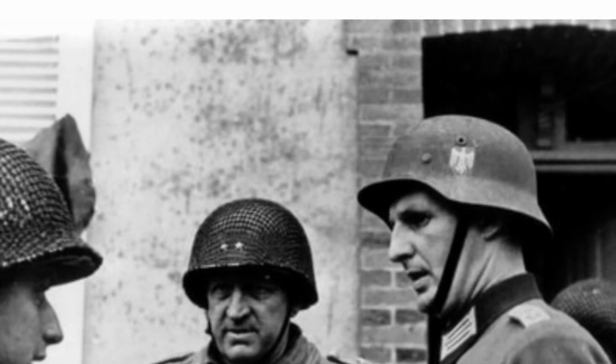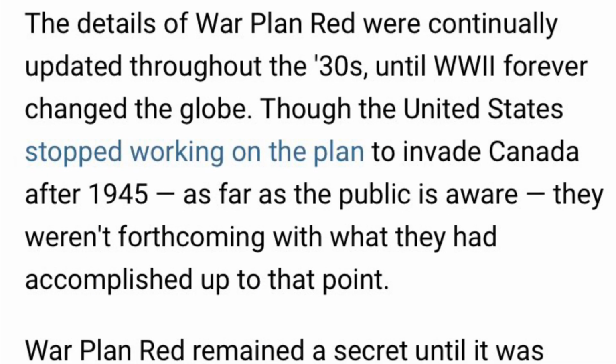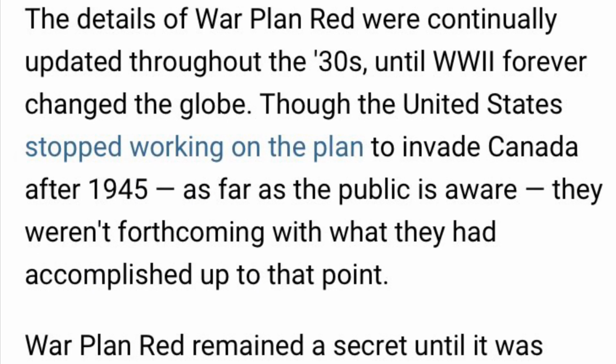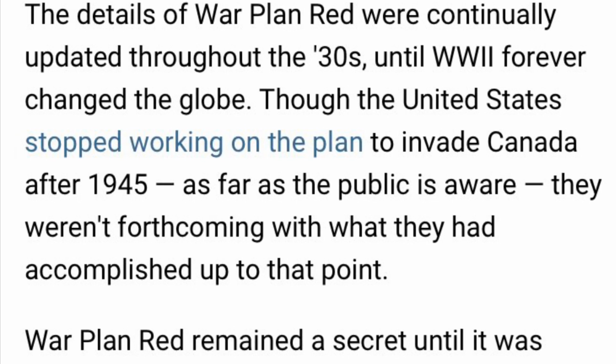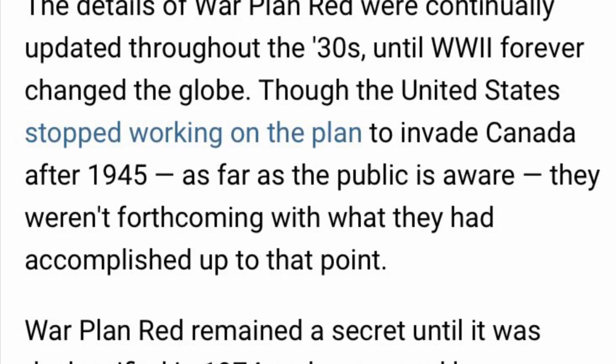These strategies were kept secret until the 1970s. The details of War Plan Red were continually updated through the 30s, until World War II forever changed the globe.